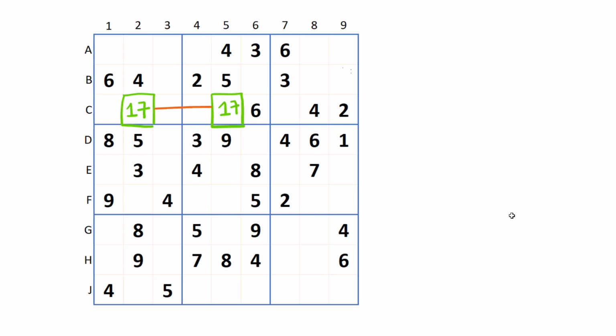Continuing to use the obvious pair of numbers 1 and 7 in row C. If C2 is 7, then C7 is not the number 7.